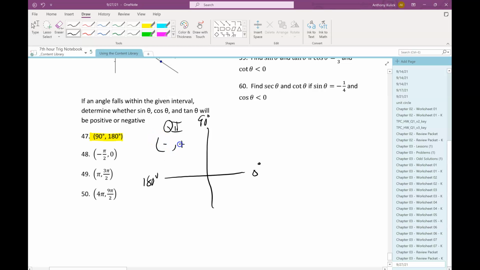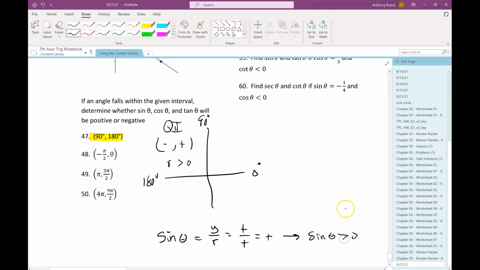In quadrant 2, the x is negative and the y is positive. And I know the r is always positive. So sine theta is y over r, which is positive over positive, so we'd say that's positive.